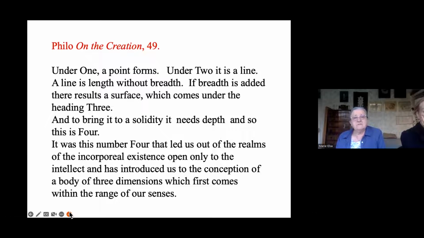And it was this number 4 that led us out of the realms of the incorporeal existence, so the non-material world beyond the veil, open only to the intellect, and introduced us to the conception of a body of 3 dimensions, which first comes within the range of our senses, meaning our human senses.